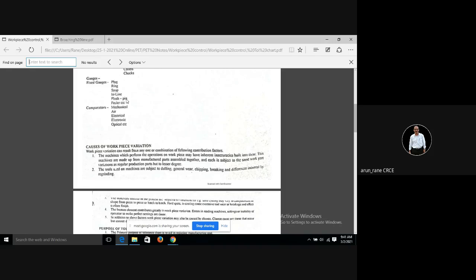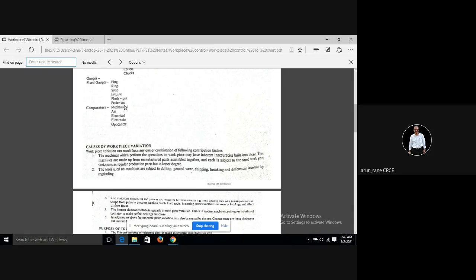Feeler gauge is used for checking the gap, that is, how much is the gap between two surfaces. It is like a small leaf, and it is of variable thicknesses. Feeler gauges are available in thicknesses of 0.1, 0.2, 0.3, 0.4, even up to 0.5, and in steps of 0.02, like 0.1, then 0.12, 0.14, 0.16, like that.